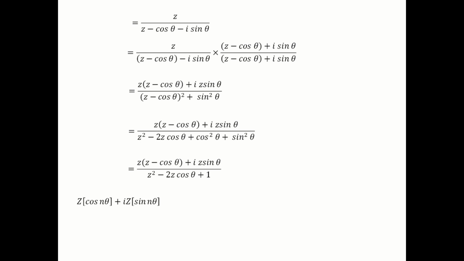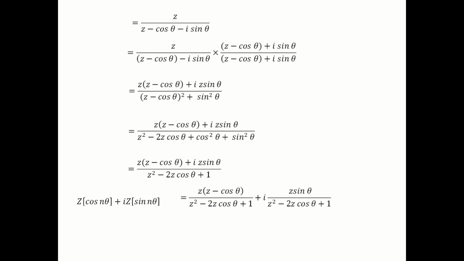Now we separate the numerator into real and imaginary parts on the right hand side. The left hand side is Z of cos nθ plus i Z of sin nθ, which equals the real part z(z minus cos θ) divided by z² minus 2z cos θ plus 1, plus i times the imaginary part z sin θ divided by z² minus 2z cos θ plus 1.